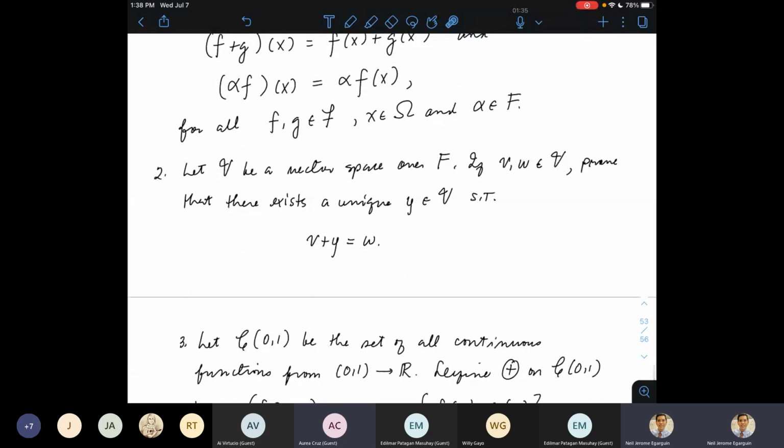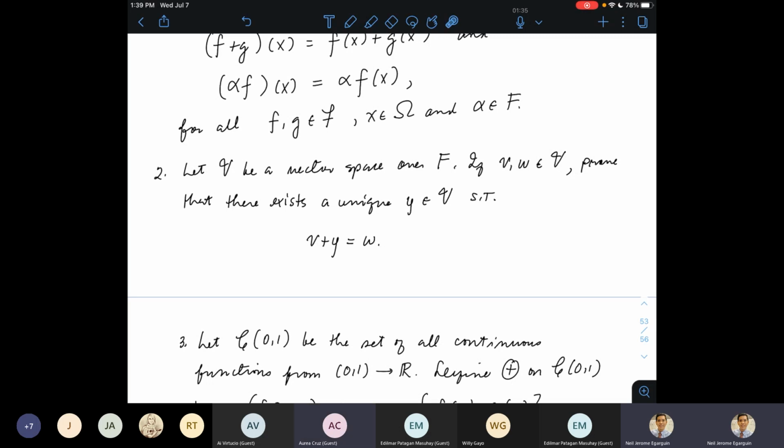How about problem 2? So, problem 2, we need to prove both existence and uniqueness, right? Whenever you have a statement that claims that there exists a unique element of your space, the first thing you need to do is to prove the existence.